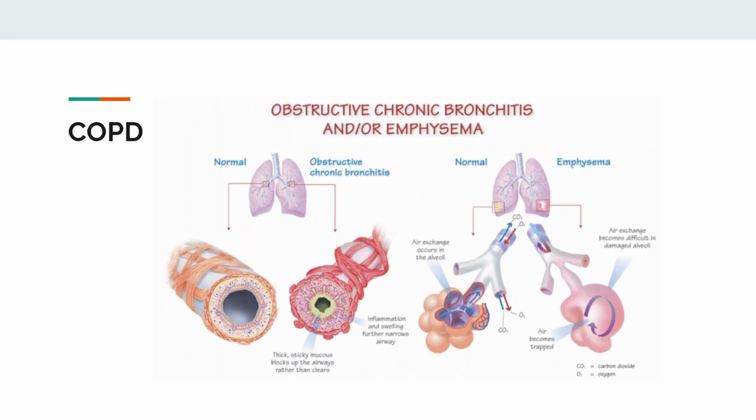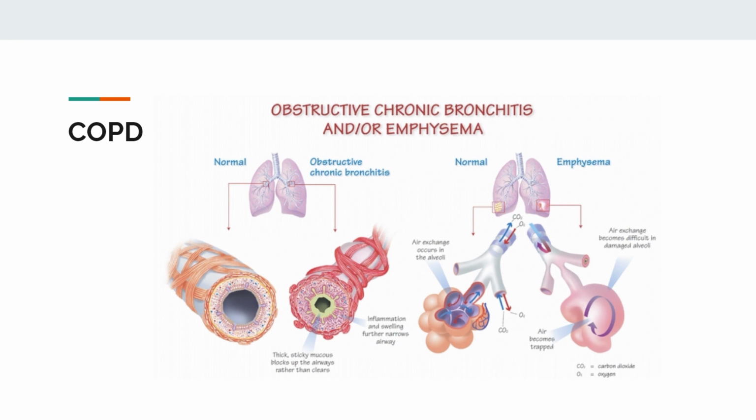So I've got a little diagram here to show the difference between chronic bronchitis and emphysema. The main difference is when you think of chronic bronchitis, think of inflammation, sticky mucus clogging up the airways. So very similar to asthma in a way, but it's that mucousy, inflamed airway. Whereas emphysema is a little bit different.